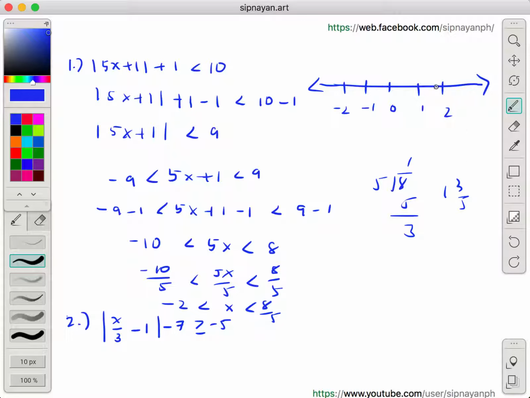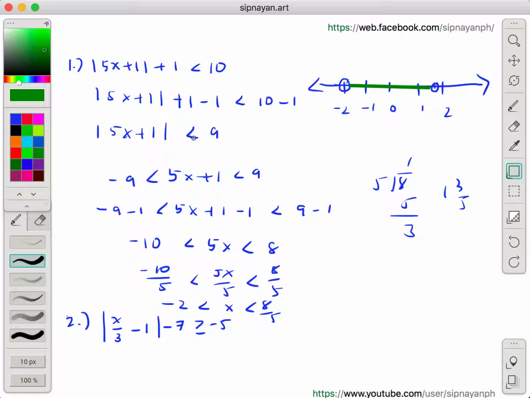So it is around here. But it is only less than, there is no equal sign, so we use open circles. That means 8 over 5 and negative 2 are not included. We graph by drawing a thick line from negative 2, not including negative 2, up to 8 over 5.